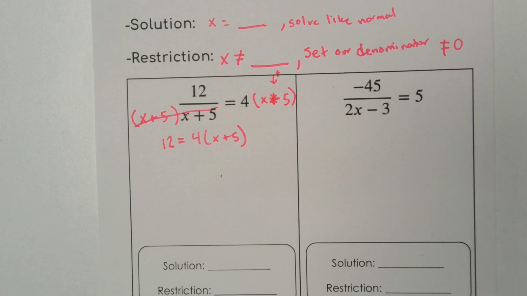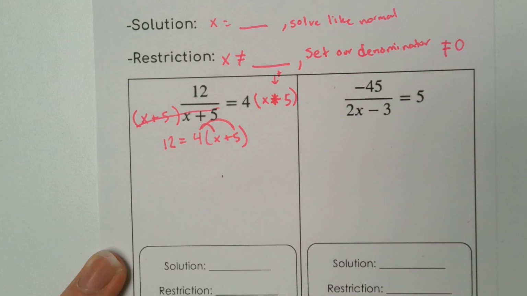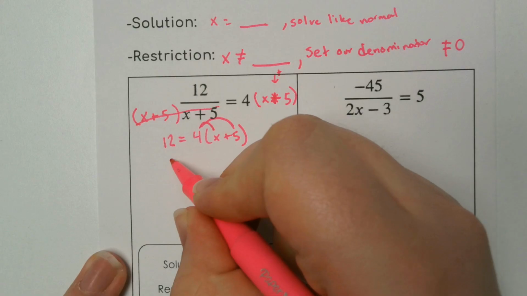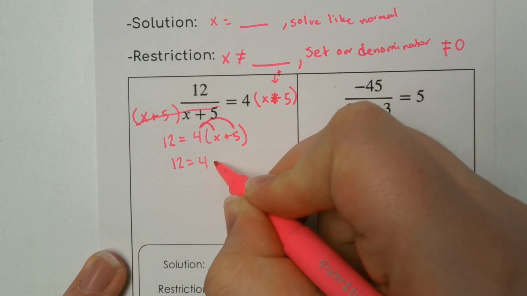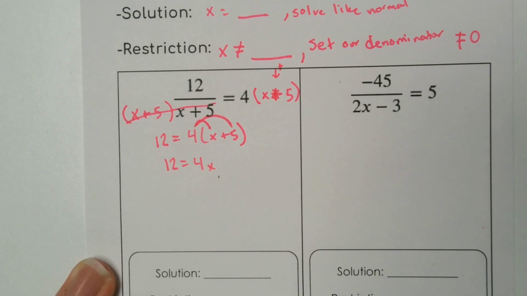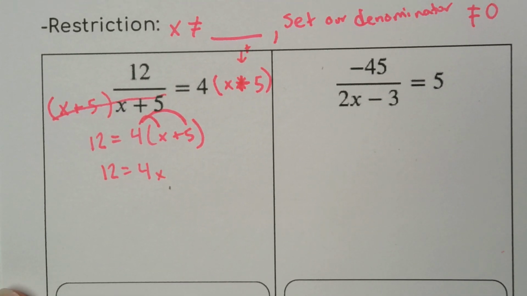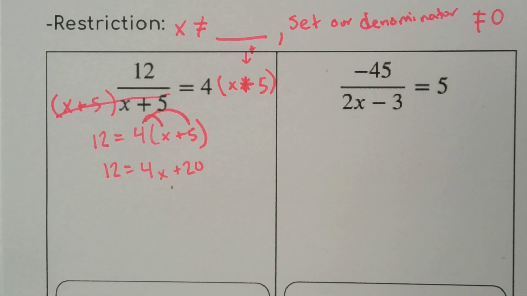Now we have to take that 4 and distribute it to everything inside our parentheses. So we get 12 equals, what's 4 times x? Good. And then what's 4 times 5? Good. So now we have 12 equals 4x plus 20, which is a two-step equation.